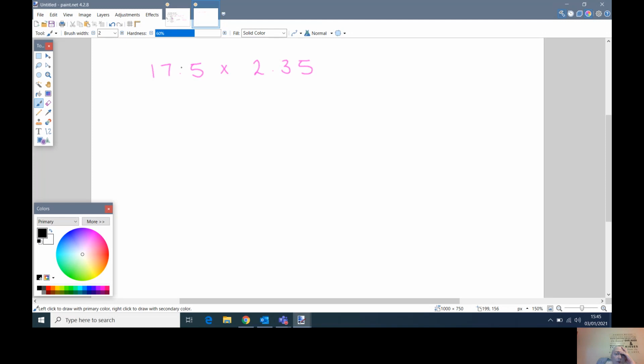Right, so I'm going to move that decimal 1, and I'm going to move this 1, 2. Okay, so altogether I've done 1 jump here and 2 here. 1, 2. Just to remind me, I'm going to put 3 jumps that way. Okay, right, so I've got 175 times by 2, 3, 5.